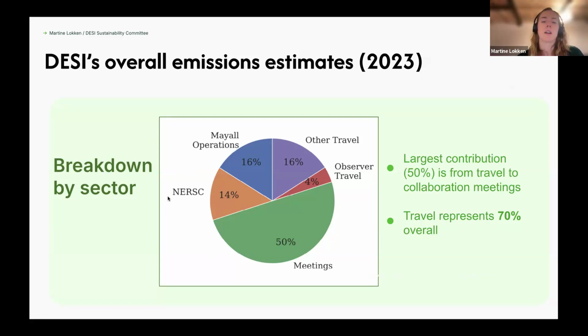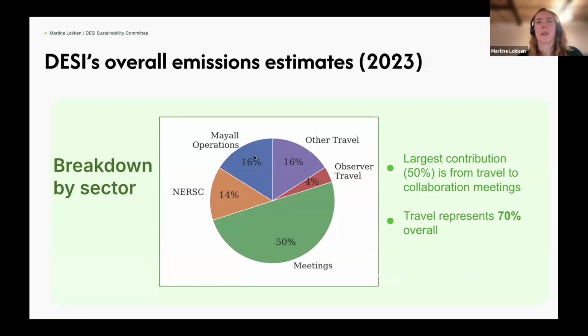For NERSC, it's not too difficult. Some members of our group were in contact with the folks that manage the DESI side of NERSC. Because this is very well documented, they can tell what fraction of NERSC energy usage goes to DESI, and they have the energy bills for NERSC, so we were able to figure that out. With the mountain, it was a little more complicated.